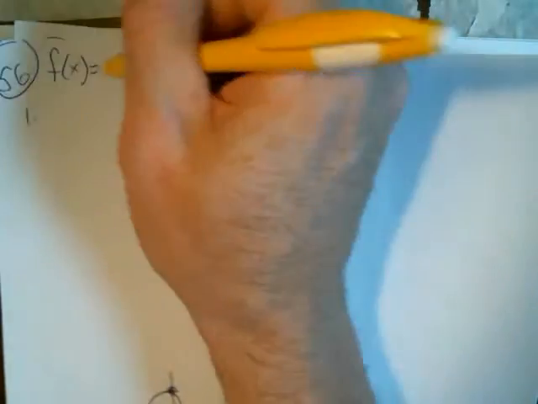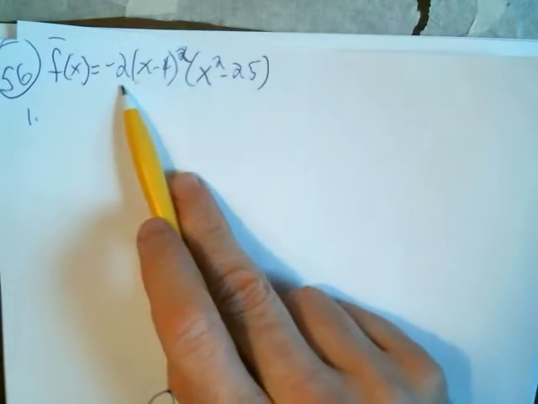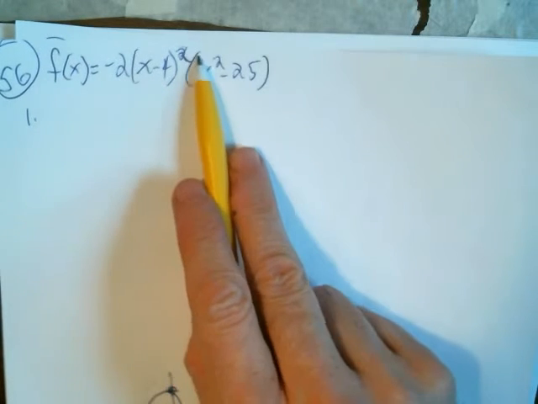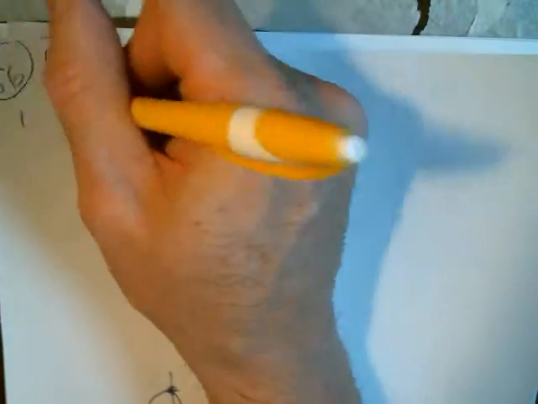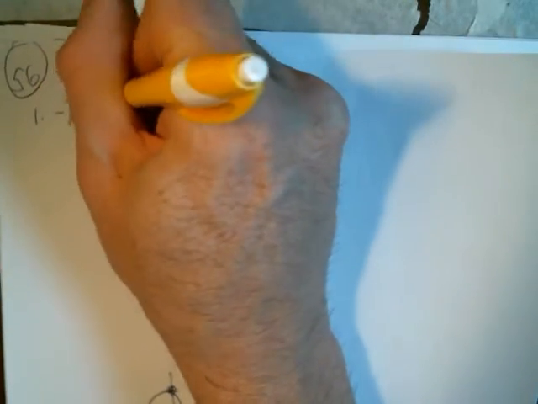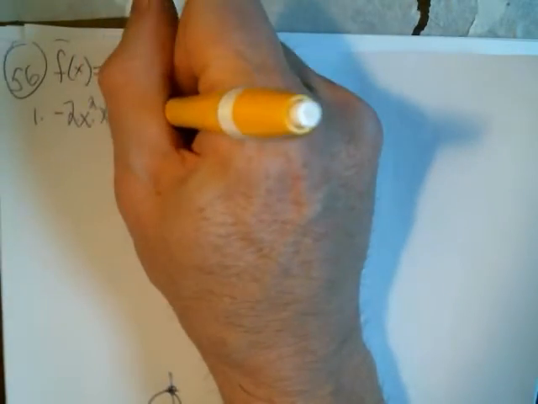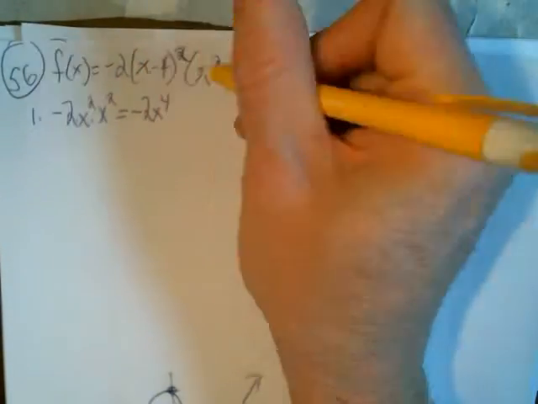First off, the leading coefficient, or rather the leading term, you got to sort of get by itself. And this is one of these tricky ones where you're picking this squared times this to give you the leading term. So it would be -2x squared times this other x squared. So the leading term is -2x to the 4th.